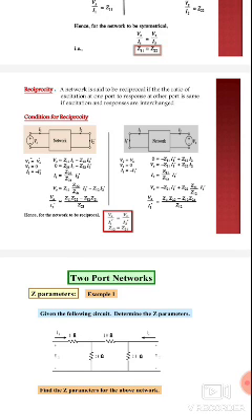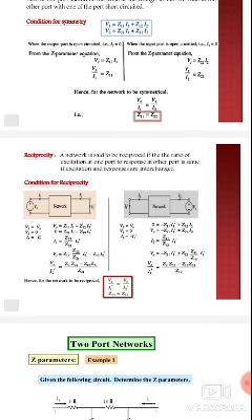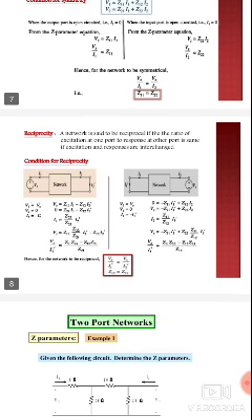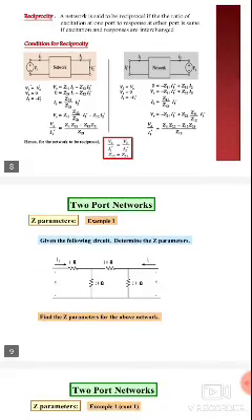V1 equals Z11 I1 plus Z12 I2, and V2 equals Z21 I1 plus Z22 I2. We write V2 equals 0 and I2 equals minus I2, and substitute these terms in the equations. We get the reciprocity equation V1 equals Z11 I1 minus Z12 I2, with V2 substituted as 0. Then V1 by I2 equals V2 by I1, meaning Z12 equals Z21. This is the reciprocity condition.